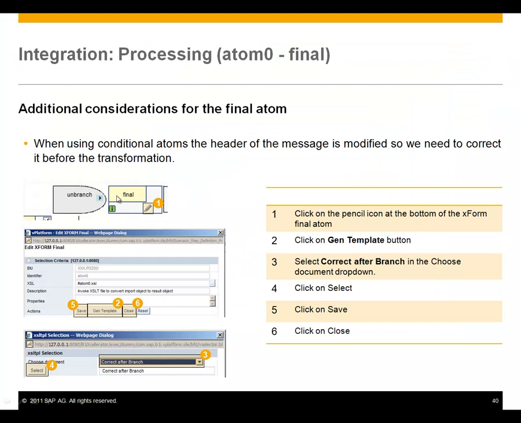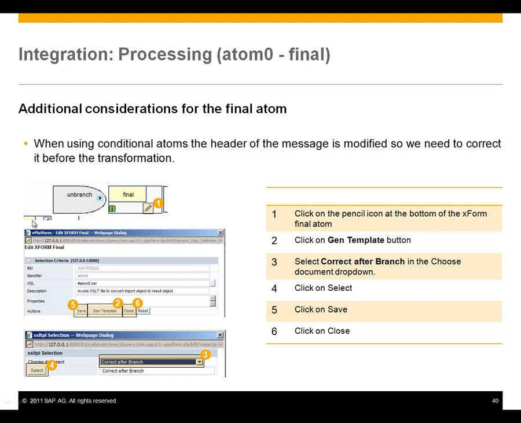In the final step, because it is coming after a branch, we can call this generate template method that will be preparing the transformation to correct after branch. So to merge the information coming from the different messages. So you could have different paths, and the message could go through the different paths, and then in the final atom you need to take the information from the different ones and create the result message.